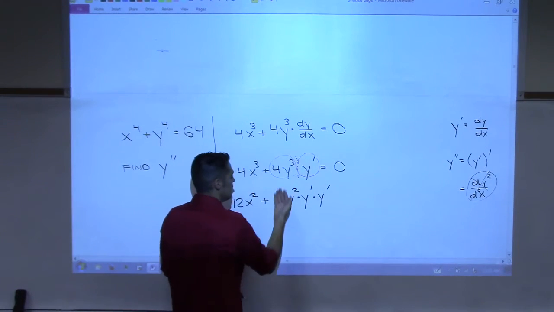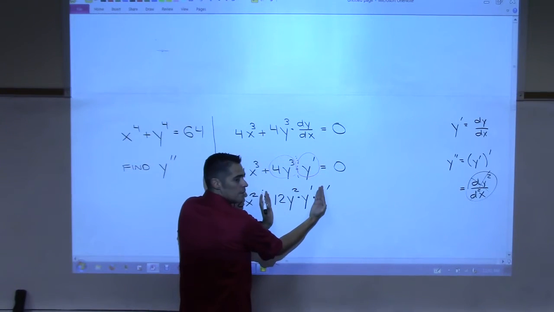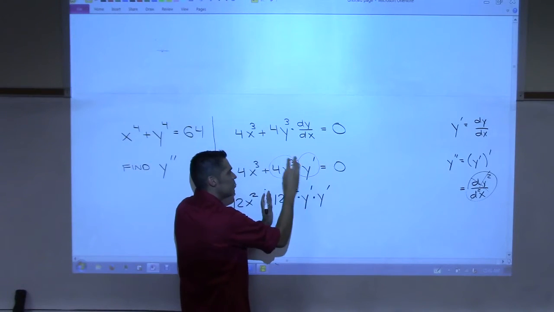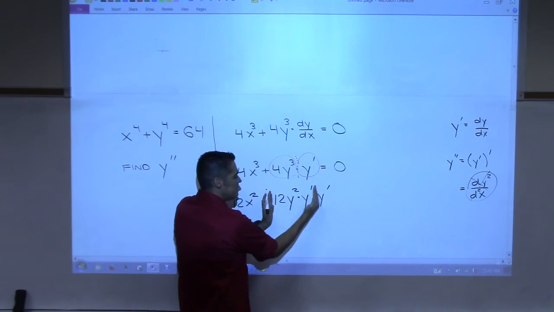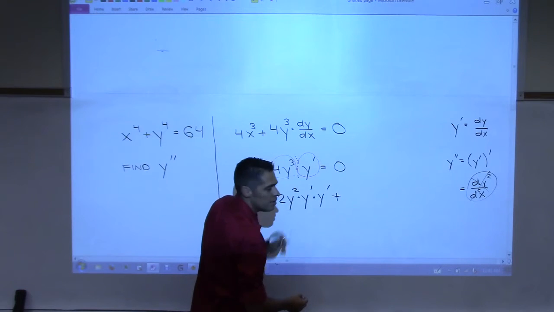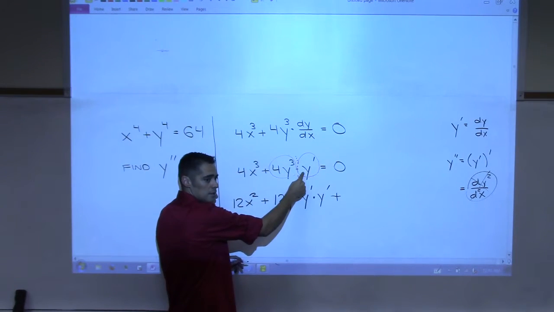Product rule. The derivative of this is this piece right here, times the second one. We were doing f prime g plus g prime f. That's the product rule. F prime is here times g, plus now g prime, which is the derivative of this one. Understand?